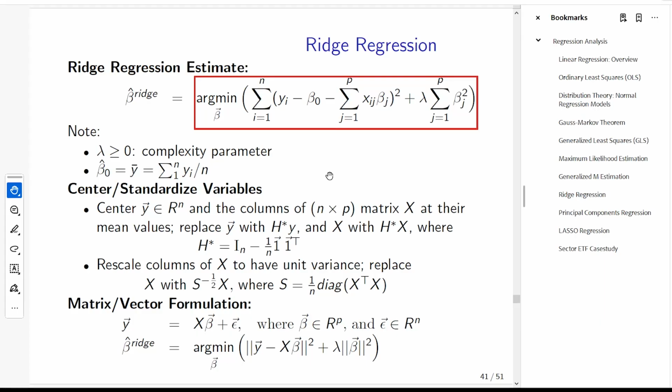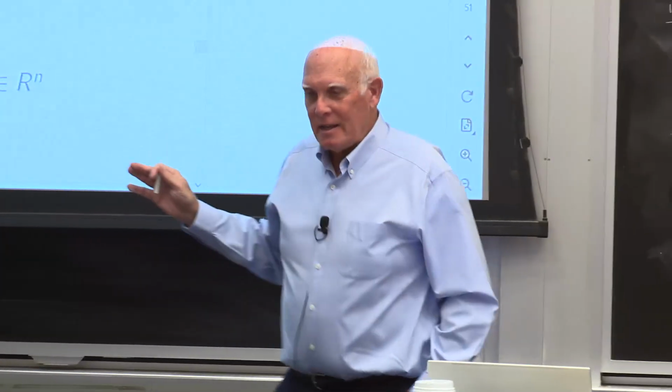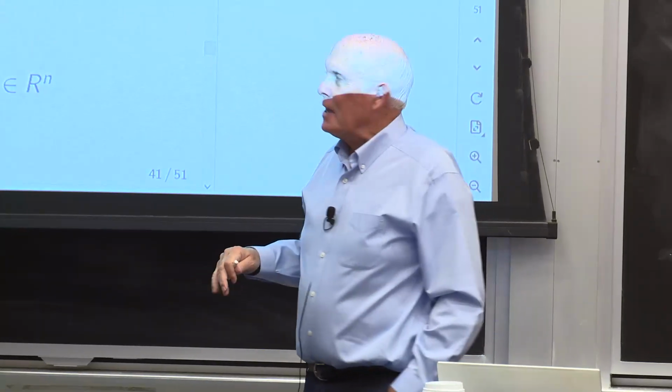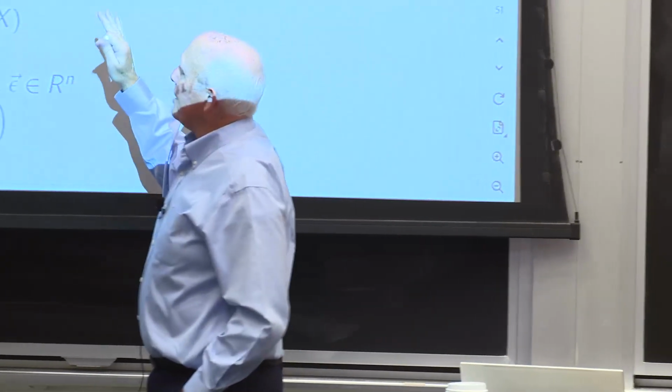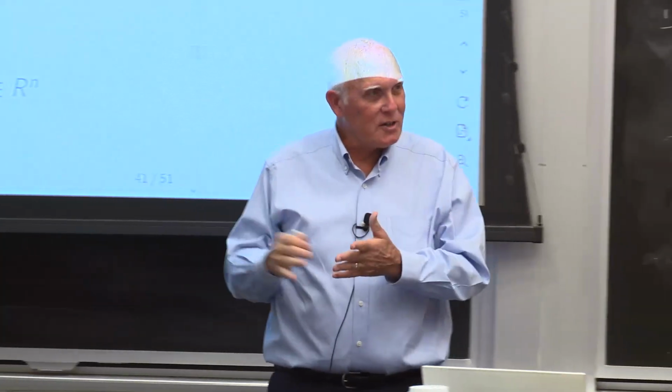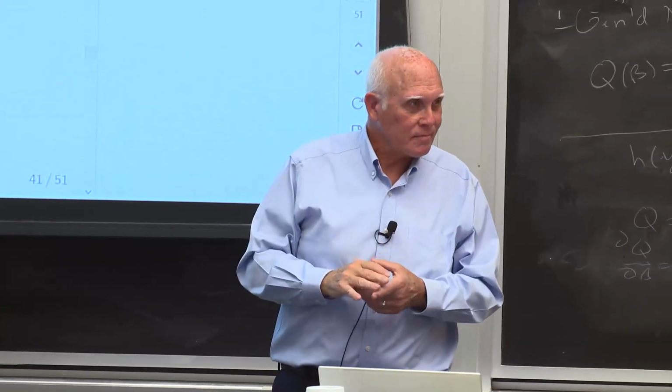In this formulation, this is the statement of how the ridge regression parameter estimate is specified. Now, the centering of the independent variables and scaling them to have unit variance is important because it places all of the predictor variables on an equal footing.